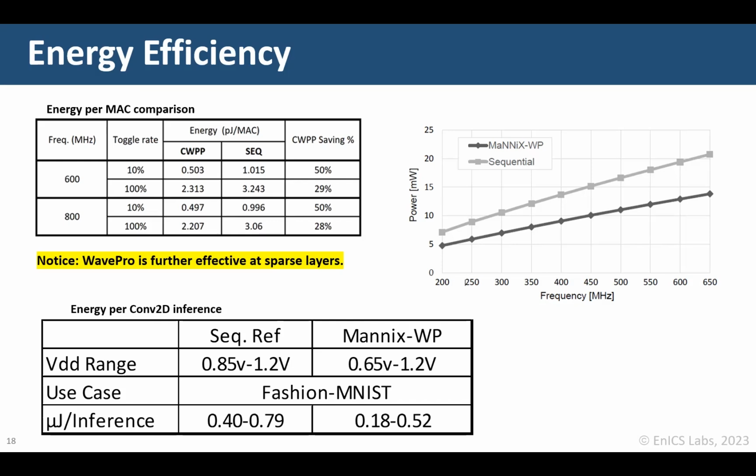If we look at energy efficiency terms, we run the classic Fashion MNIST through the network, which has multiple convolution and fully connected layers, and the entire inference costs 0.4 to 0.8 microjoule in the classic sequential implementation, and 0.2 to 0.5 in our optimized implementation.